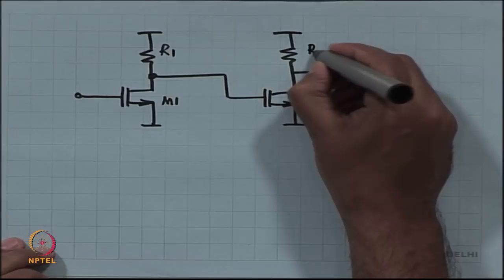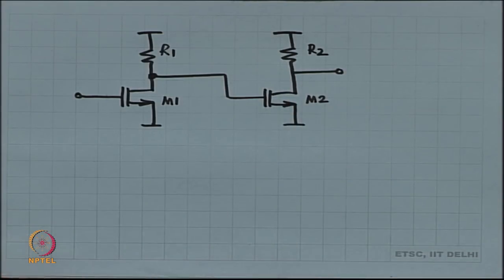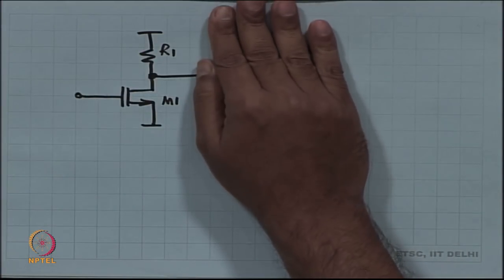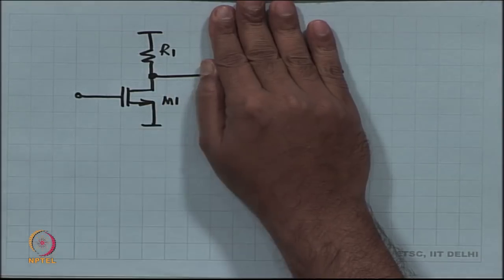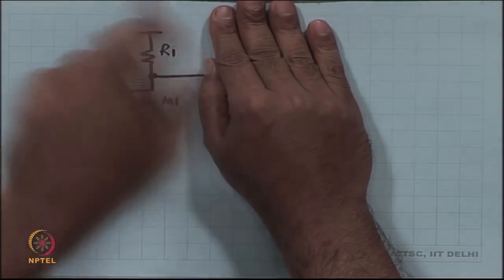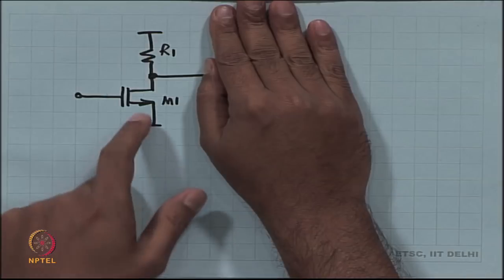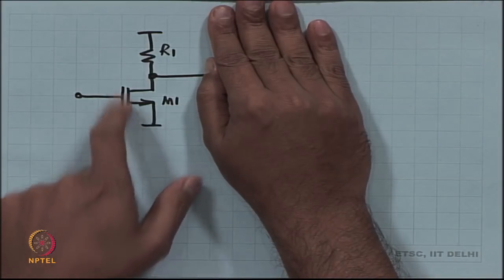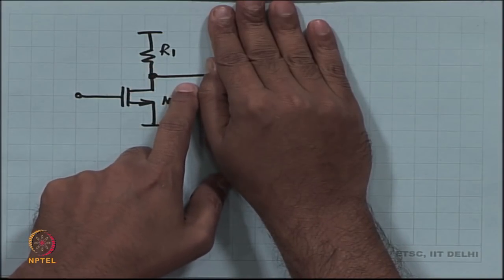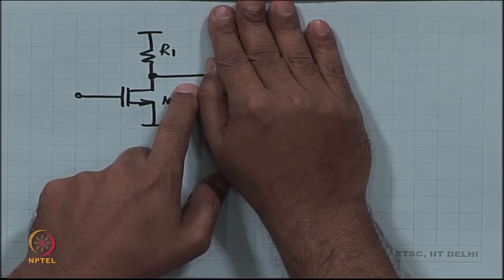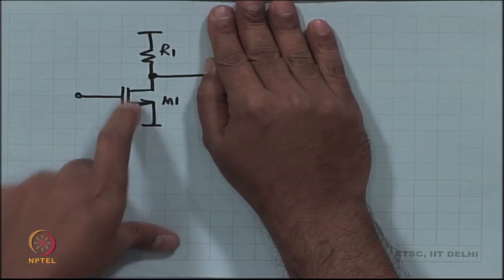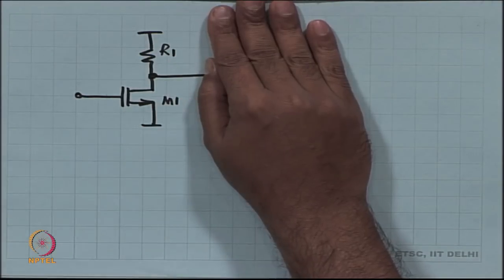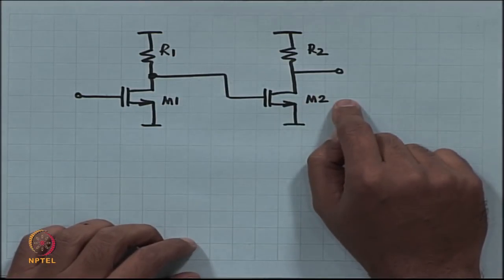R1, R2. If you think of each separately, then this has an output impedance of RDS1 in parallel with R1. This has a transconductance of GM1, and therefore, the gain is minus GM1 times R1 in parallel with RDS1, and the same happens to the second one.